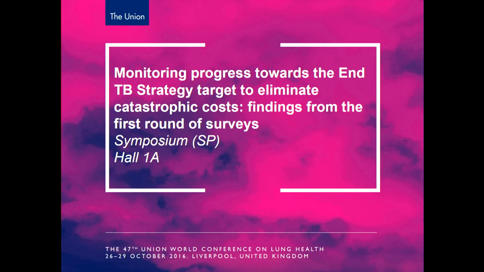Okay. In Vietnam, we have a TB and lung disease hospital in almost all provinces. We have 46 provinces among 63 provinces that have a TB hospital at provincial level. And we have a TB district team at the district hospital or preventive medicine center.